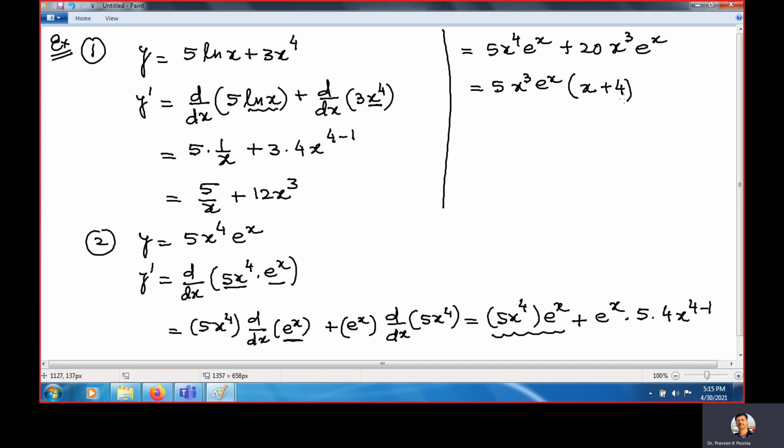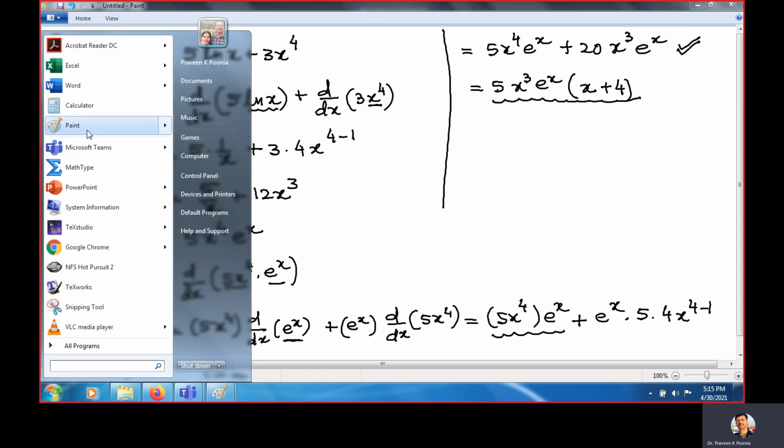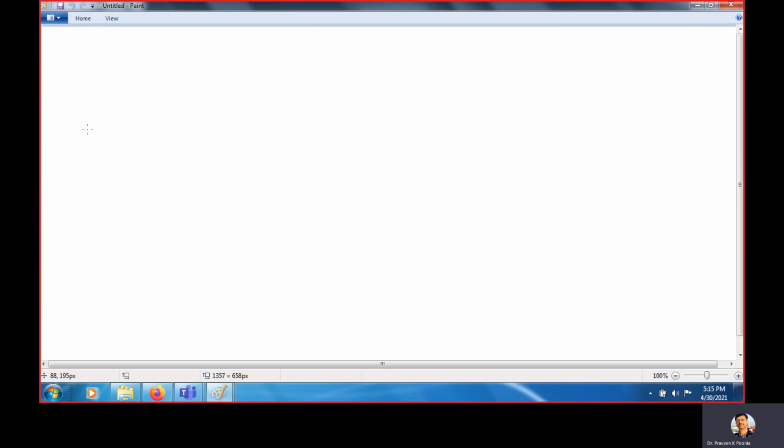So this is the answer. But if you leave your answer here, you will get full marks. Clear? But if you are solving this step, it shows your maturity in calculation. Basically, you must be a matured student as far as calculation is concerned. The more you mature, the more difficult calculation you can perform.